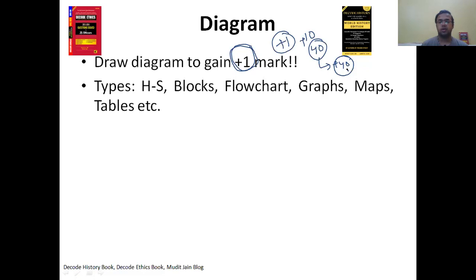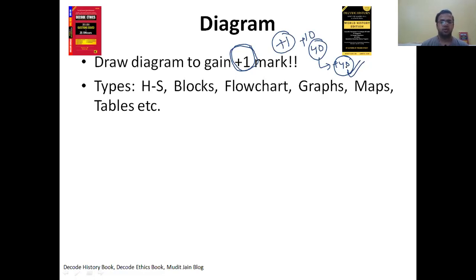So diagrams are very innovative. They help in gaining attention of the examiner. They help in breaking the monotony. They help in bringing innovation and X factor to your answer. And this definitely creates a positive bias, and it helps you in gaining that extra mark.